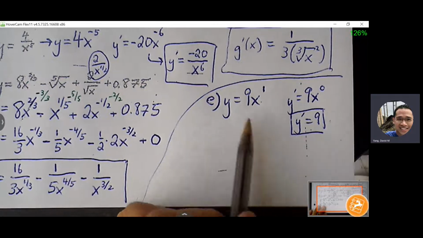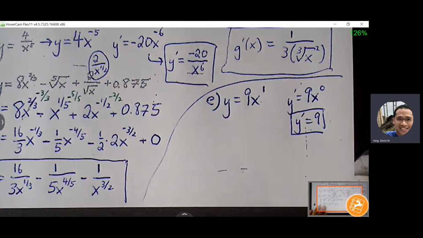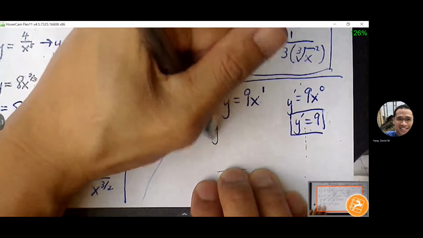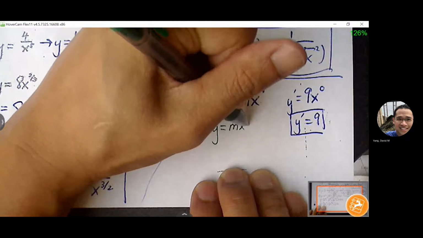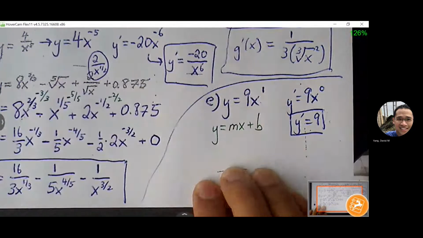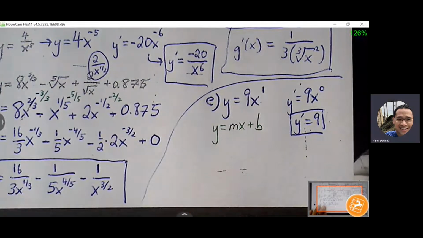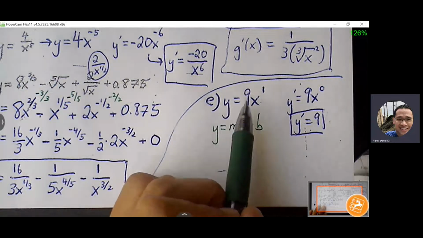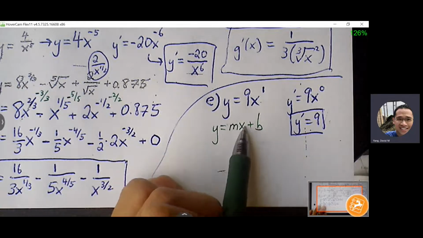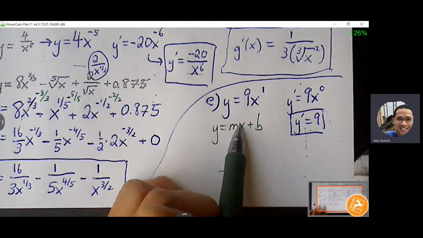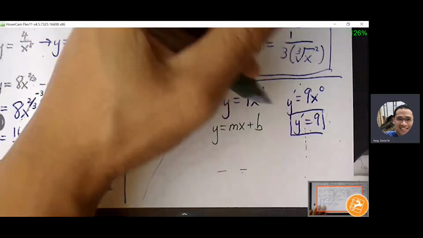Now, this is something that we can do with Power Rule, but we can also do this without calculus. Why is that? Because this is a linear function, right? y equals 9x is the same thing as y equals mx plus b. And what's the m of this linear function? 9.